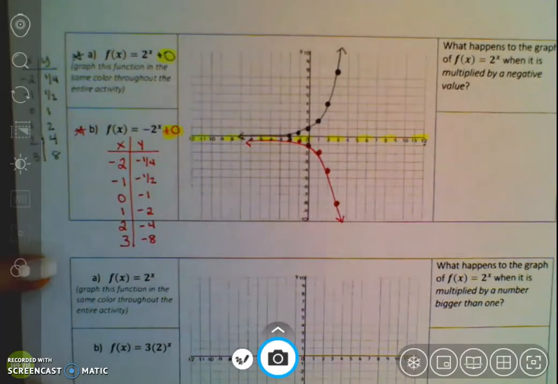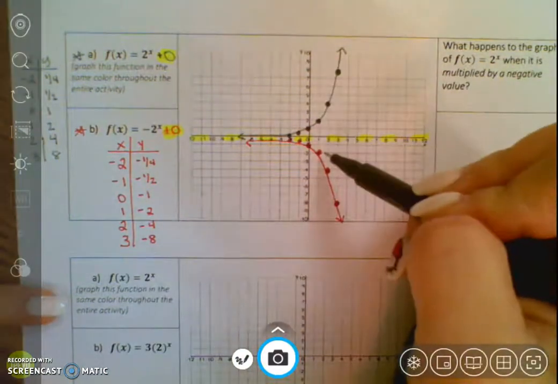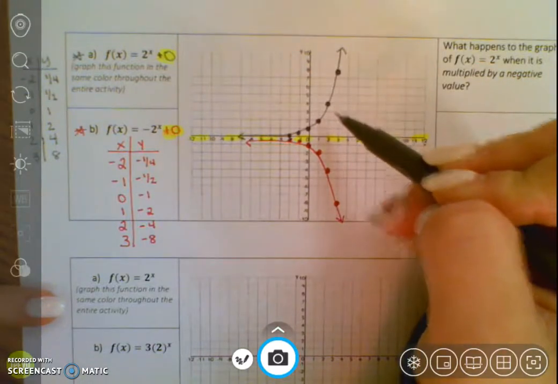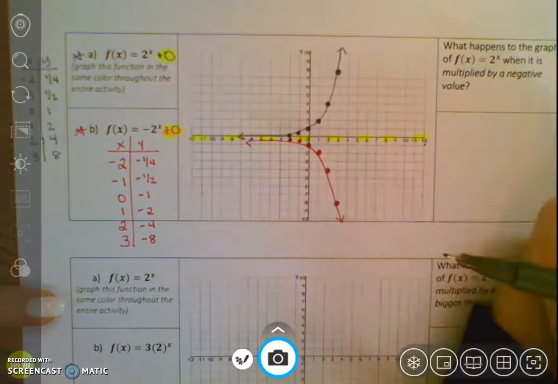So the only difference between the parent function and the red graph, they all have almost the same points, but all the gray points up here turned negative. So this one was 2, 4, so then the red was 2, -4.